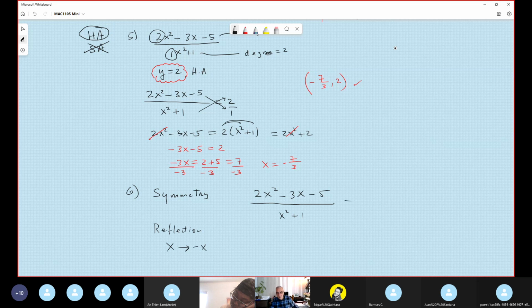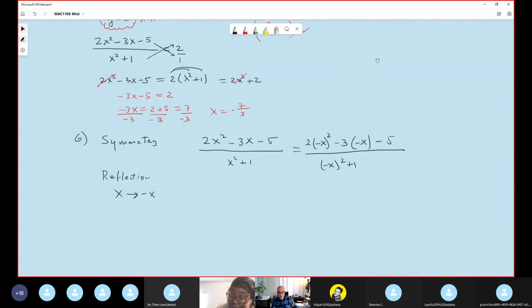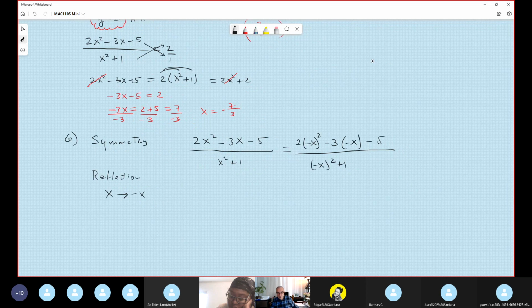You say, okay, let's do it. 2 times negative x squared minus 3 times negative x minus 5 divided by negative x squared plus 1. Okay, you know very well when the exponent is an even number, it stays the same.